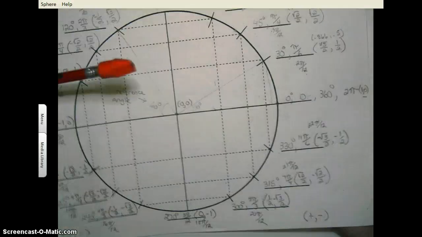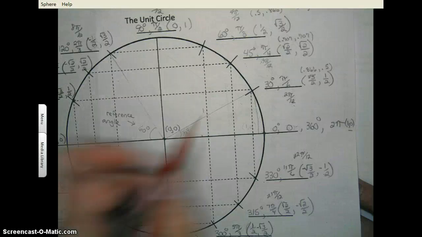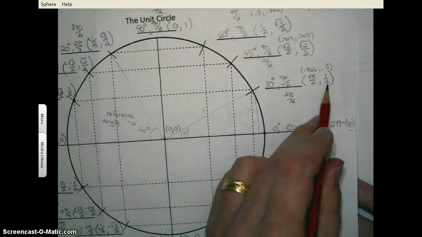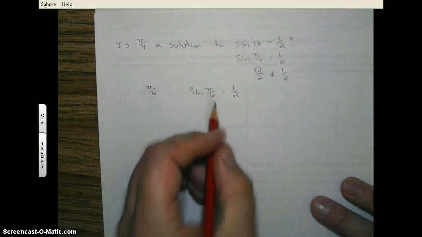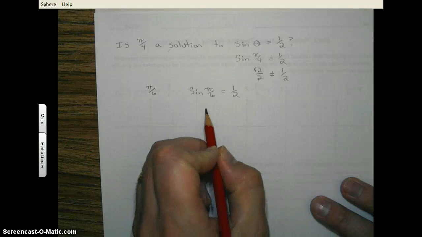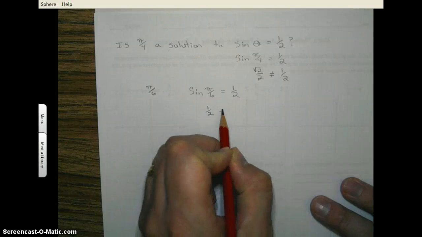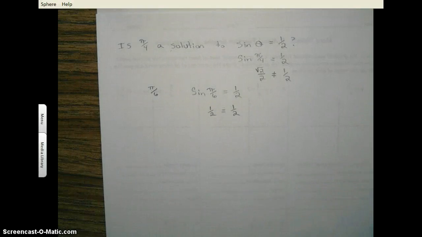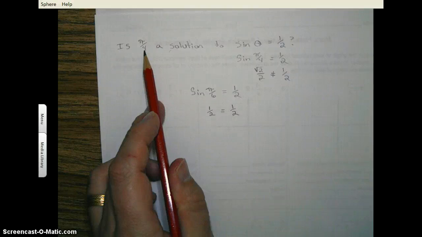Looking at our unit circle, finding pi over 6, sine, the definition is y, 1/2. So yes, pi over 6 is a solution to the equation. And that's kind of how you can test your angle to see if it is a solution.